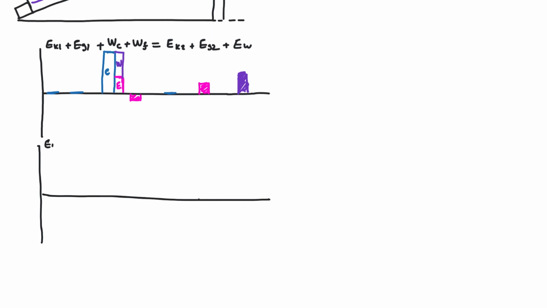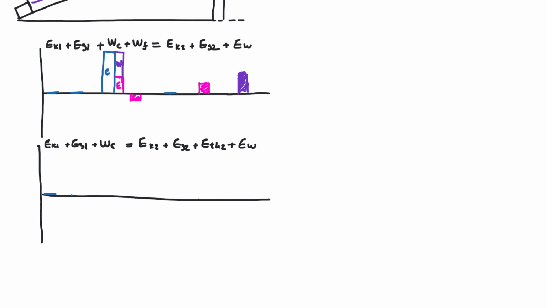So it could be EK1 plus EG1 plus WC plus WF, force of friction, or I am going to say it is equal to EK2 plus EG2 plus E thermal 2 plus E waste. It's the same idea.